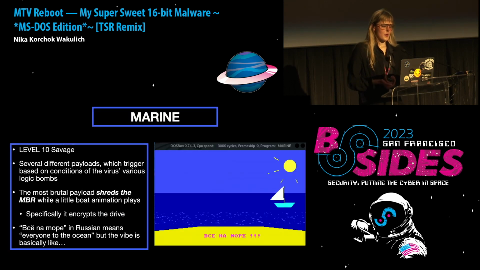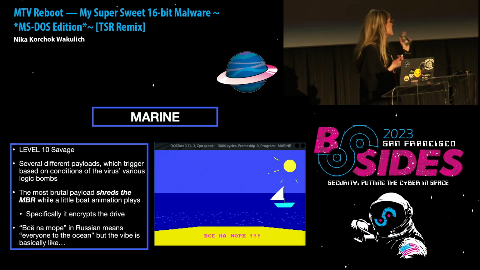So Marine is, in my classification of MS-DOS malware, I describe things as level 10 savage, and this is level 10 savage. So it has a few different payloads. They each trigger based on the conditions of different logic bombs, but the most brutal one triggers in June, and it shreds the MBR, which is not a very technical term, meaning it encrypts the drive.